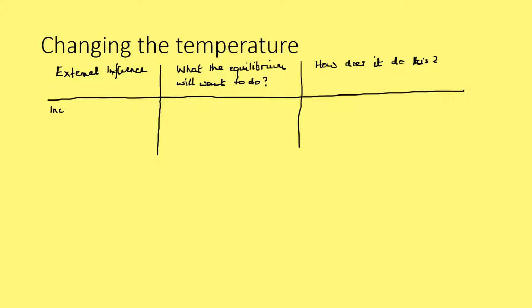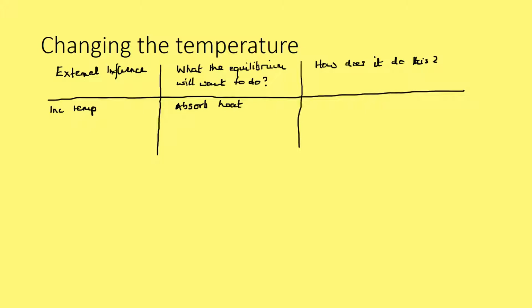So if we increase the temperature, so we're adding heat, the equilibrium will actually want to remove or absorb that heat. And so, of course, all equilibrium reactions involve a change in enthalpy, all right? And so one way is going to be exothermic and one way is going to be endothermic.